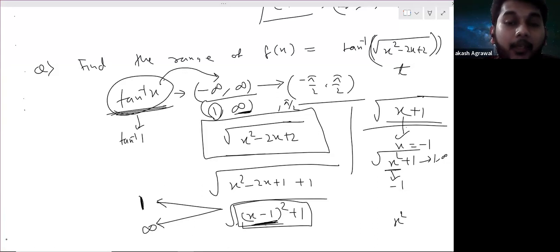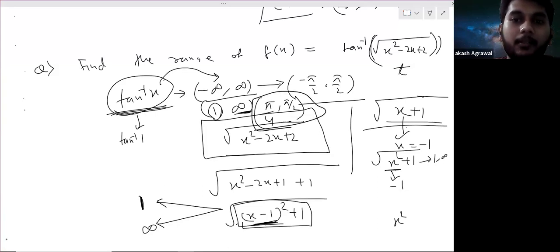It is pi by 4, right? No such small mistakes. So this is the range. This is the type of question you will face in basic domain and range questions.